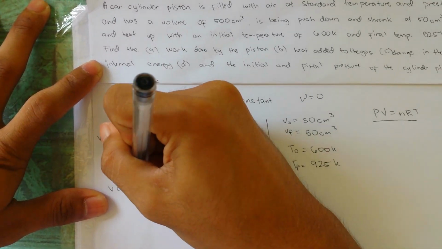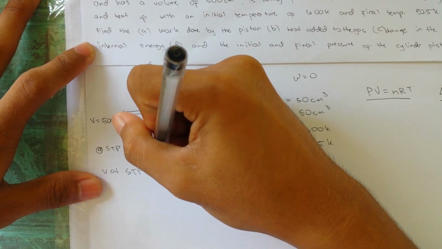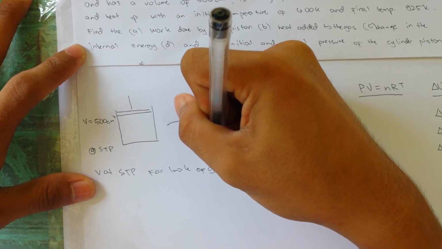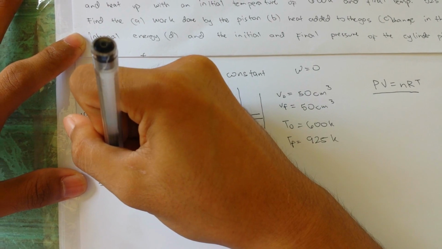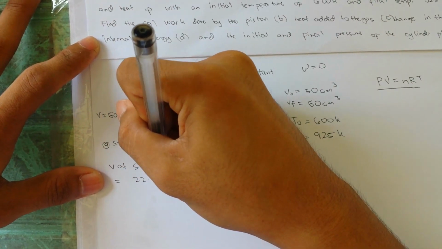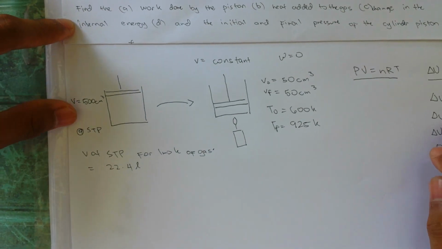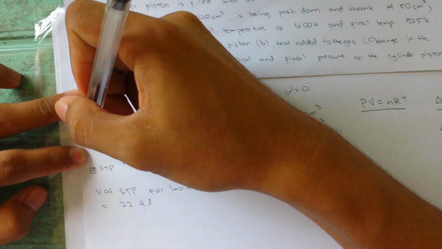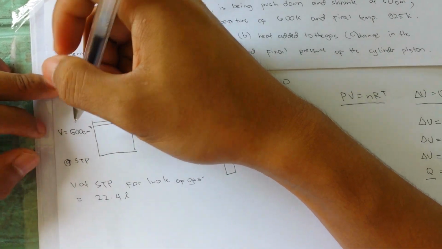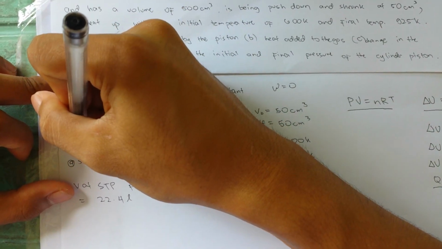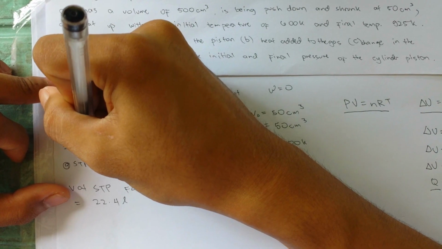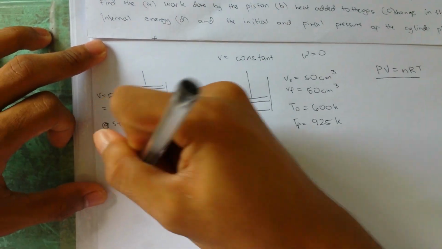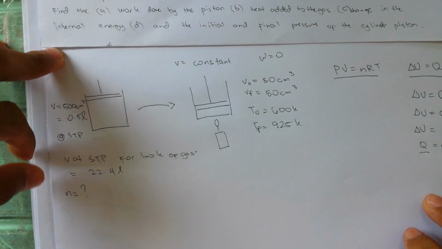Volume at standard temperature and pressure for 1 mole of gas is equal to 22.4 liters, and we're gonna change the volume into liters. 500 cubic centimeter is equal to 0.5 liters.